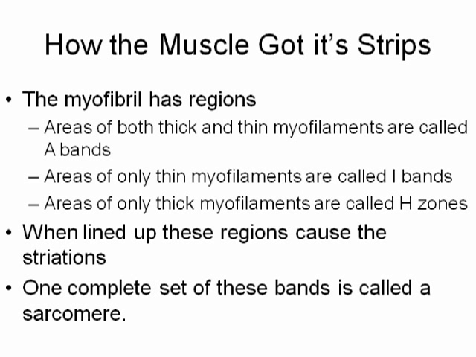All right? And so when we have an area that is both thick and thin myofilaments present, we call that the A band. Thick and thin myofilaments are overlapping one another. They are both present. We refer to that as A bands. Now, when there is only thin myofilaments, then we refer to that as I bands.